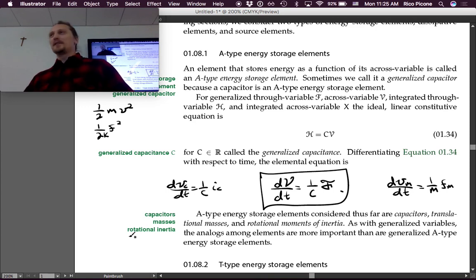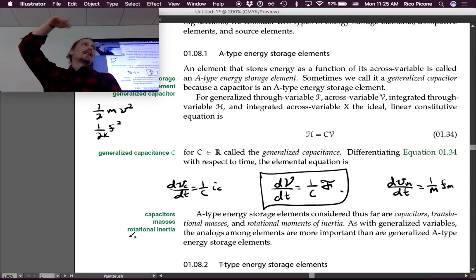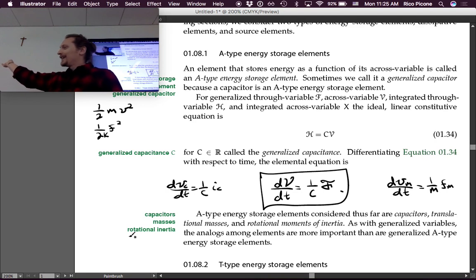He graduated from here a couple years ago, and he wrote this really nice online solver tool that is going to let us write down our elemental equations, essentially our KCL, KVL equations, and then hand it to this website that will return to us the differential equations. We won't have to do any of the algebra. Or what's probably the better way to use it is to check our algebra.